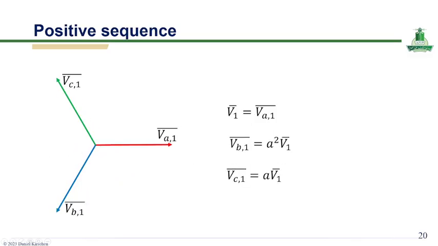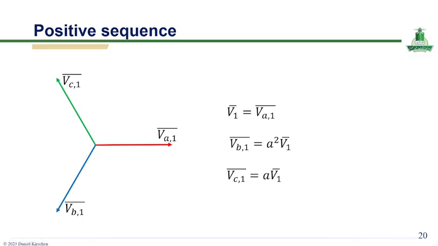In this slide, I also want to examine the positive sequence components of a three-phase system. These components represent a perfectly balanced set of phasors with a normal phase rotation, meaning the phases are separated by 120 degrees, as you can see in this phasor diagram, and follow the standard order ABC in this direction.